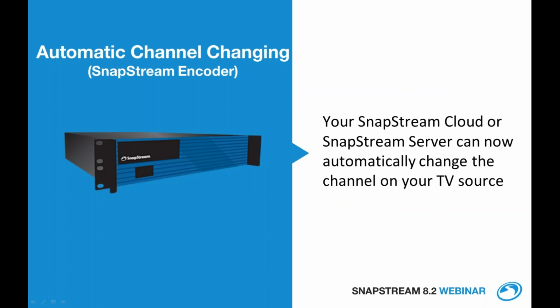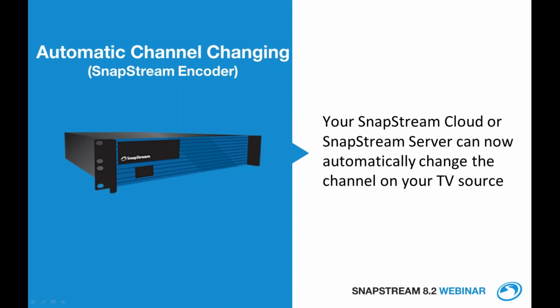With the SnapStream encoder that many of you have as part of your SnapStream setup, it used to be that you couldn't change a channel on those encoders. You would be set to, for instance, if you had 4 channels, those 4 channels. You could change them, but it was a little bit of a pain to do. It was a bottleneck for a lot of our customers, and we wanted to take care of that.